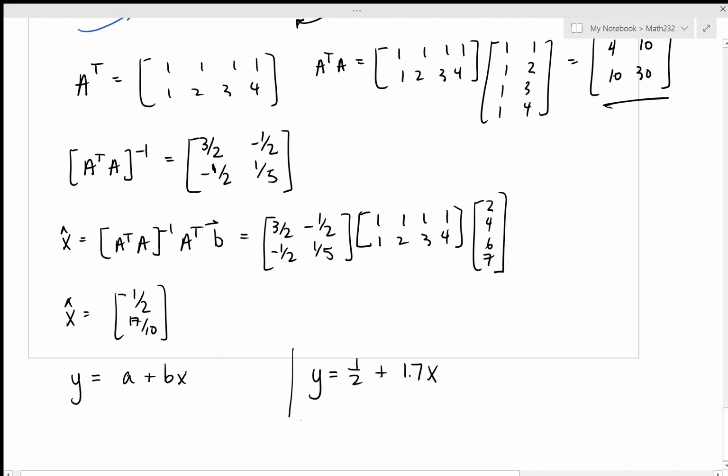So I call this the least squares error best fit linear regression. Okay, so a major application of linear algebra is to be able to do best fit of the data like this in the least squares model. Yeah, an important application.